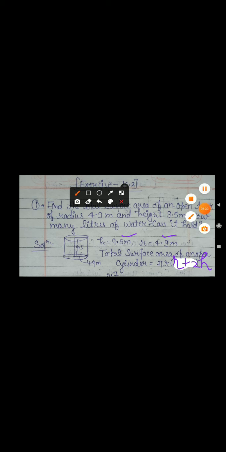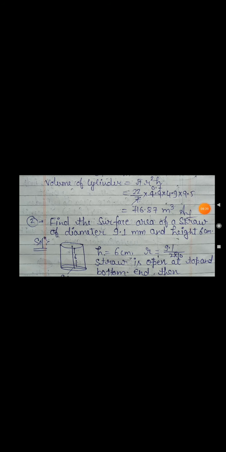Okay, now we have to explain the next. Now we have to explain how to find the volume. The volume formula is pi r square, and then you have to put the value of r. For the previous total surface area you calculate yourself, but here I put the values in the formula.